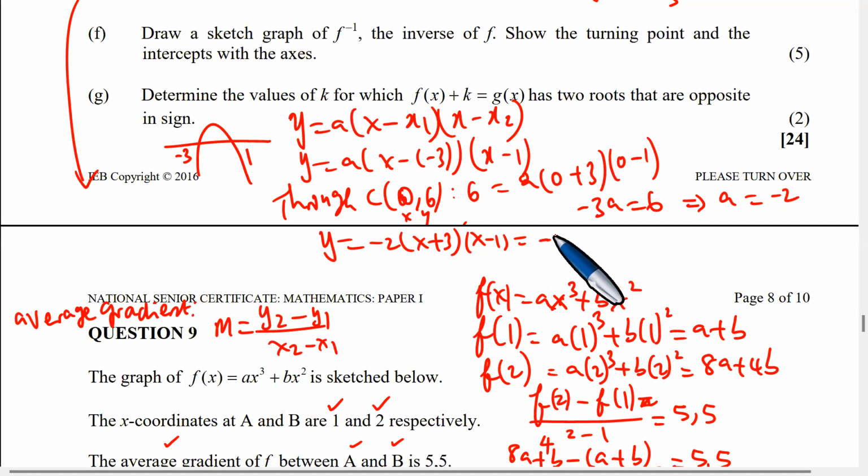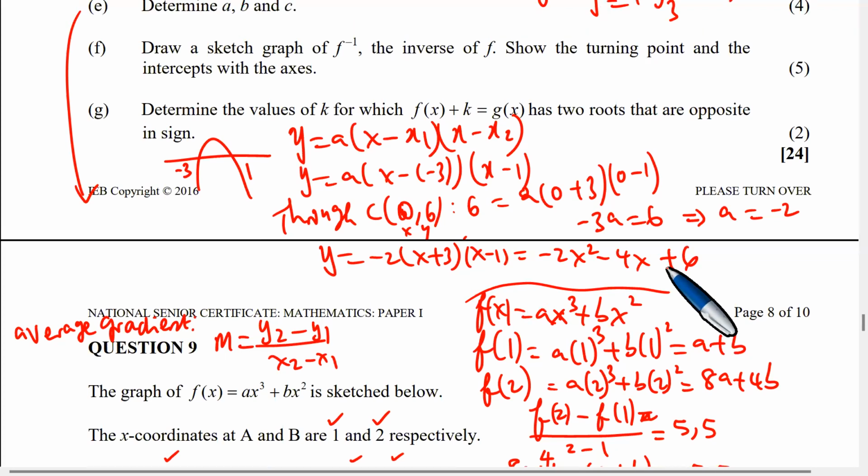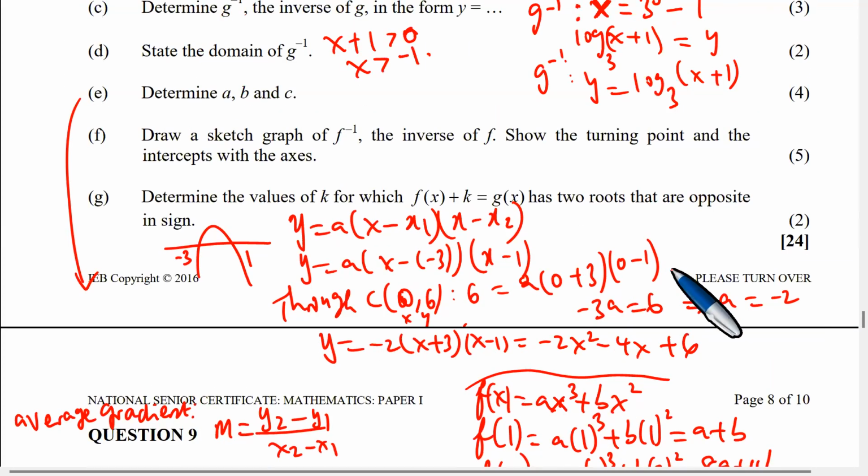You multiply everything, it becomes minus 2x squared minus 4x plus 6. So which means therefore A is minus 2, B is minus 4, and C is 6.